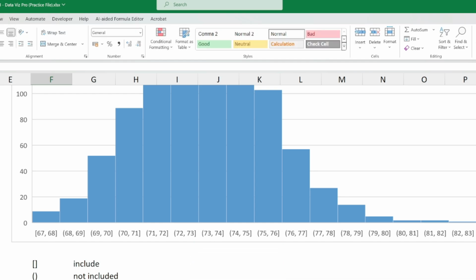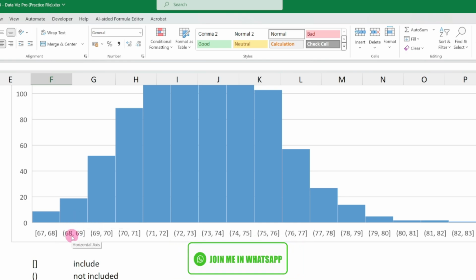These are the data I have, and when a Pareto chart or histogram chart is created, it forms the data range from 67 to 68. So the first chart will include 67, 67.1 and 68. But 68 is here also, and in the next chart we have 68.